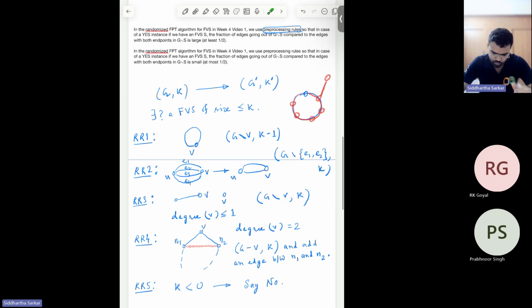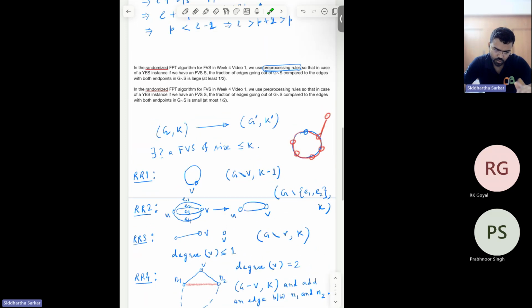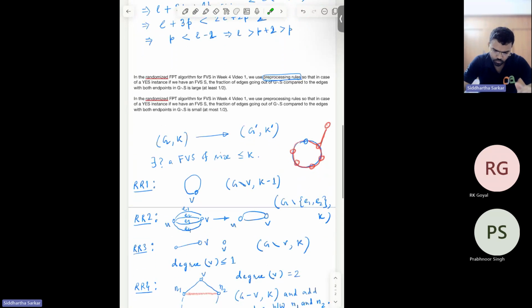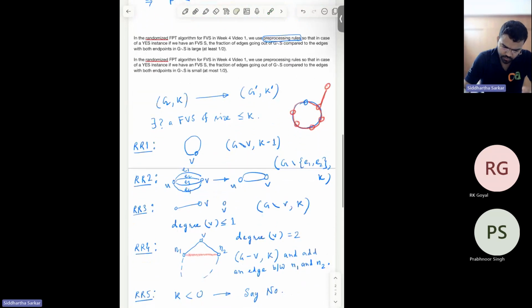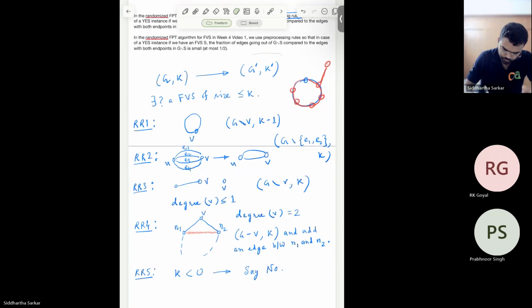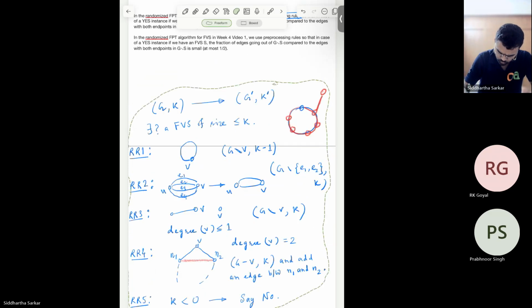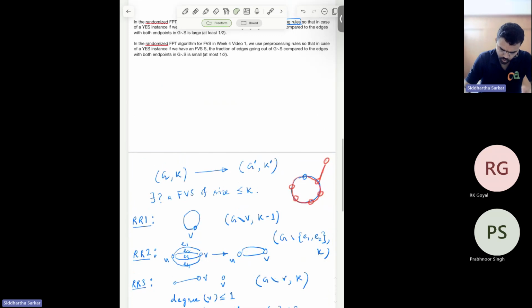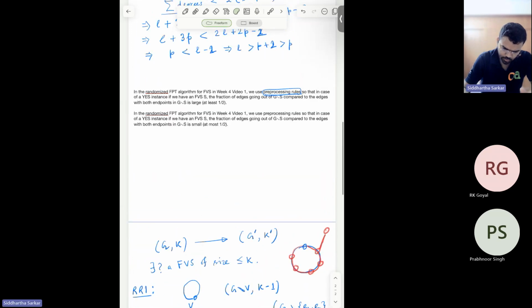So I'm going to draw this graph somewhere, G dash, K dash. So we know the rules. We don't worry about the rules. We'll see what is the algorithm, a randomized algorithm.